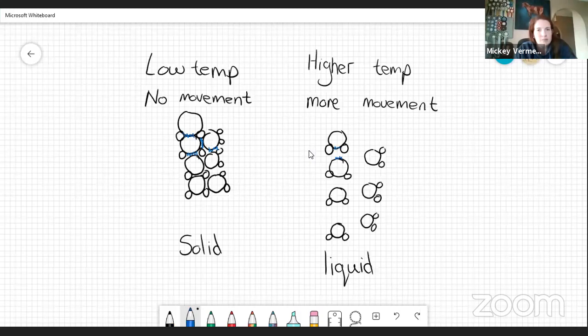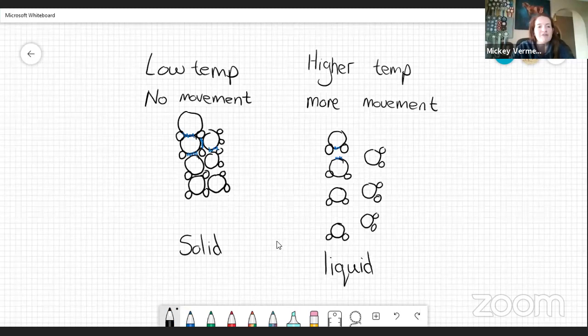And don't think that they're further apart because the magnet is less strong. The magnet is less strong because they are further apart. Now we've put some energy in, we've made them move more. So now they're further apart and they've become a liquid.